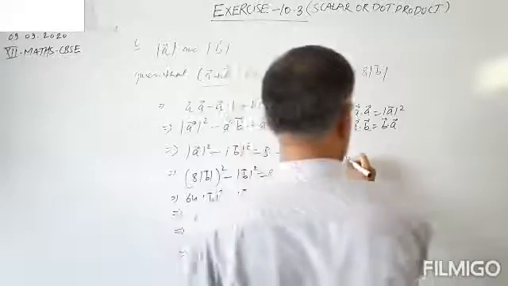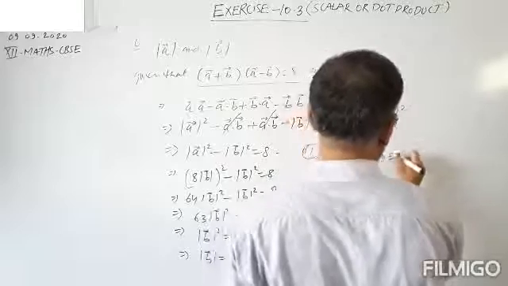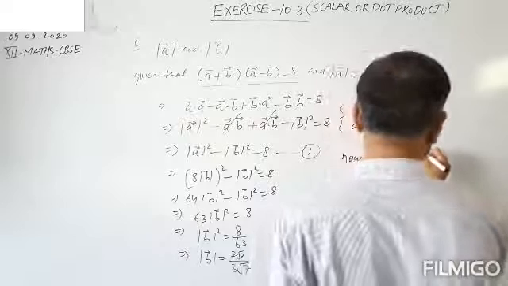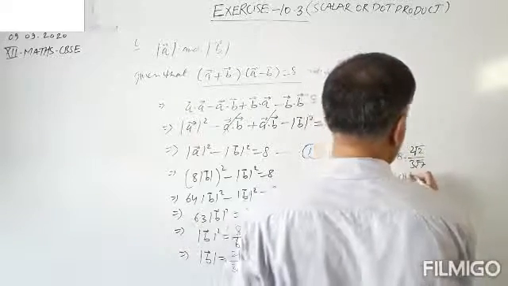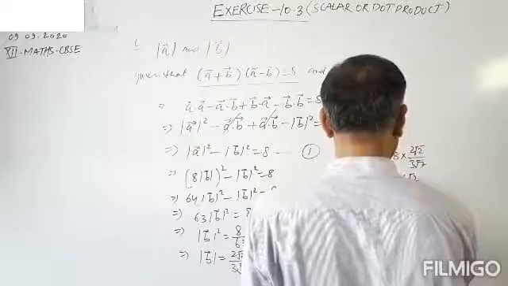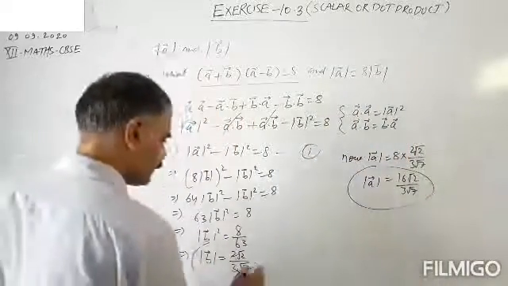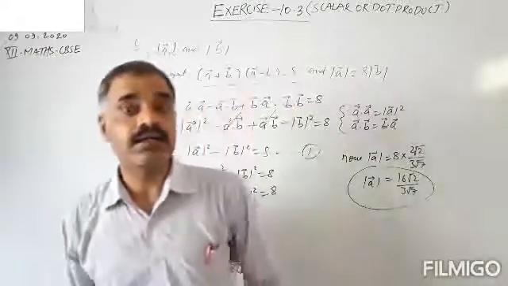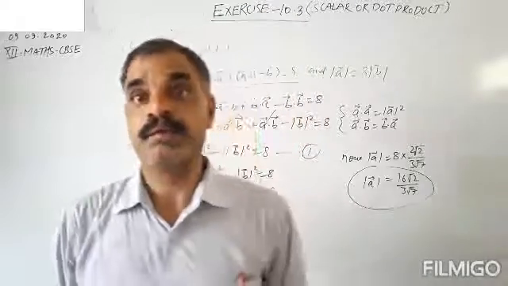Now magnitude A vector is equal to 8 times magnitude B vector, that is 8 times 2 under root 2 upon 3 under root 7, equals 16 under root 2 upon 3 under root 7. This is magnitude A vector and this is magnitude B vector. In this way we can find the magnitude of A vector and magnitude of B vector.